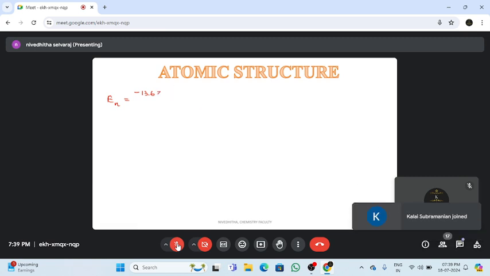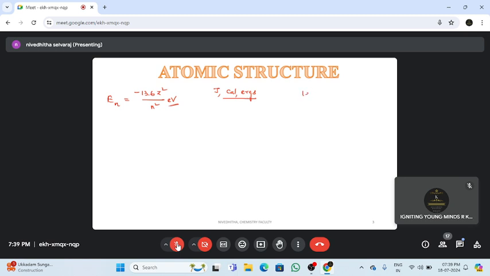Yes, Z square divided by n square electron volt. Here Z is the atomic number and n is the shell in which the electron is present. The unit of energy here is electron volt. But energy can also be expressed in joules, calories, ergs, and so on, and definitely we have to know the conversion between all these units.